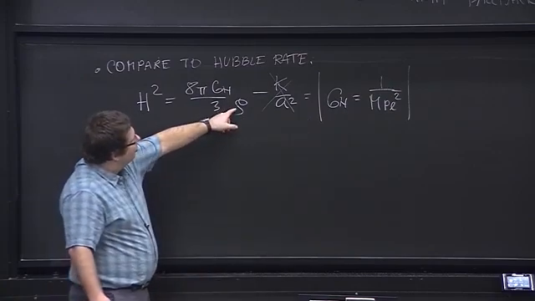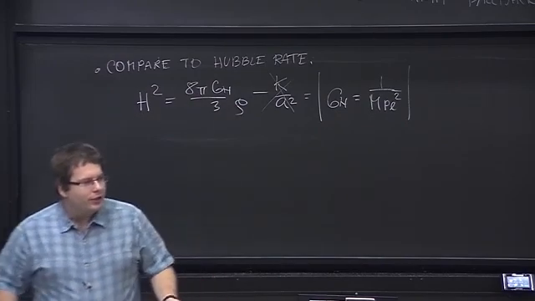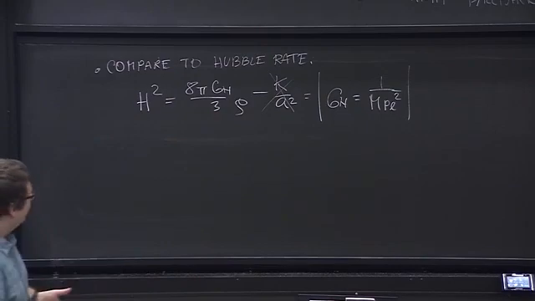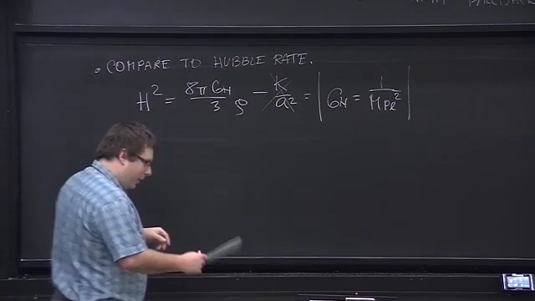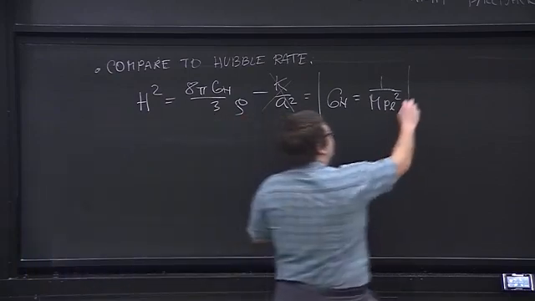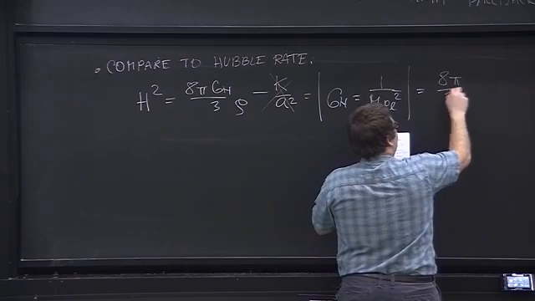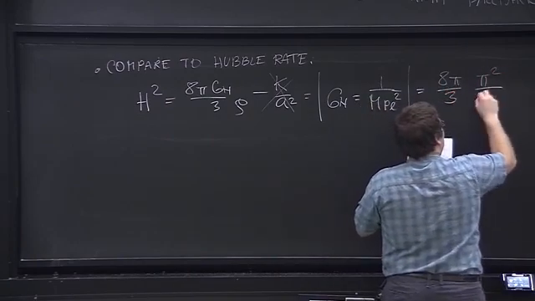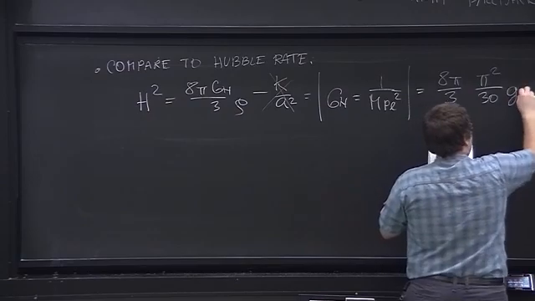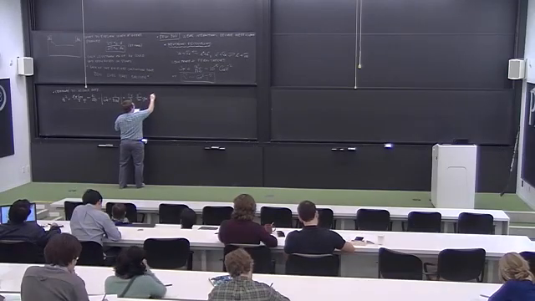And then you can use what rho is in terms of our thermodynamic formulas. So at a given temperature, I can calculate rho, and that's what we have estimated in the past 2 lectures. So this is equal to 8 pi over 3, and then the formula for rho is just pi squared over 30 g star, and then T to the 4.